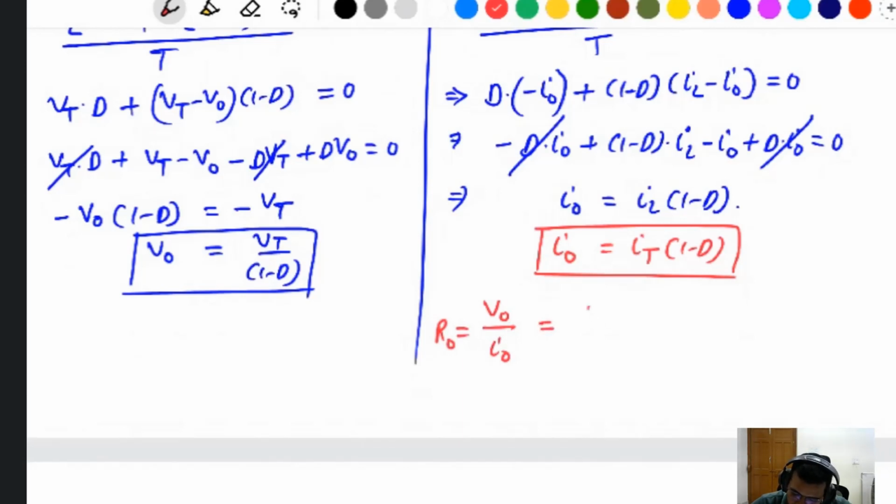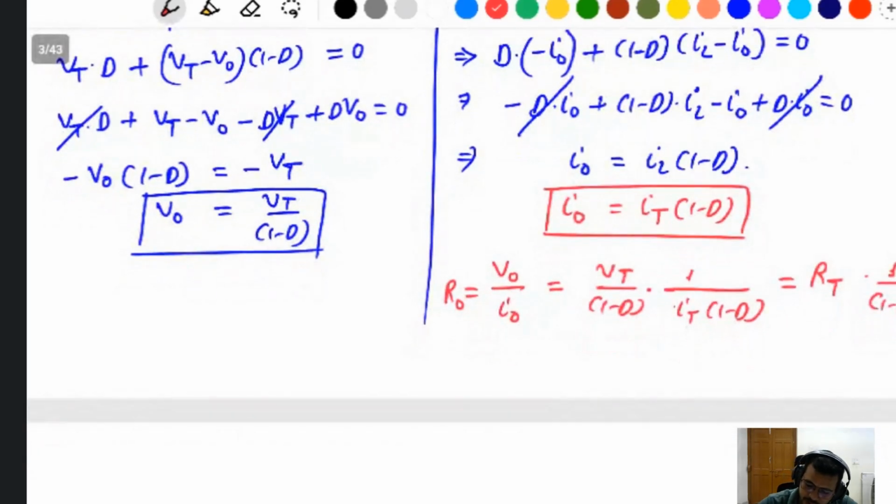Then V naught is equal to Vt divided by IT, times (1 minus D), into I naught. I have written here I naught is equal to IT into (1 minus D). It means Vt divided by IT can be written as RT, the input resistance of the boost converter, into 1 divided by (1 minus D) square.